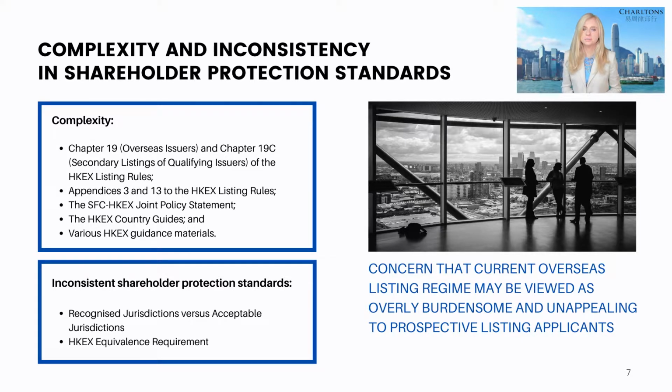Companies incorporated in Bermuda and the Cayman Islands are regarded as meeting the equivalence requirement if they amend their constitutional documents in accordance with the relevant part of Appendix 13 of the Listing Rules. Parts A and B of Appendix 13 set out the shareholder protection standards the Exchange considers necessary to make up for the shortfalls in the shareholder protections provided by the company law of Bermuda and the Cayman Islands, as compared to Hong Kong company law.